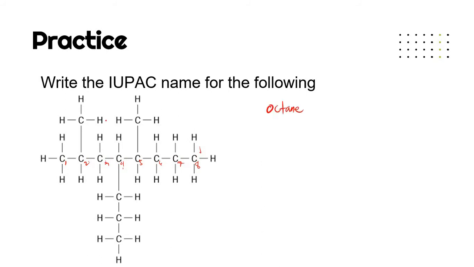And then you have, this is a methyl and this is a methyl, so dimethyl. Where? It's at 2 and 5. The smaller number first, dash, because it's a number and a letter. And then this is a propyl. Your propyl is found at where? It's at 4. So what to write first? How to alphabetize?